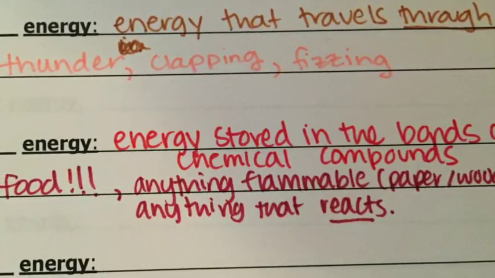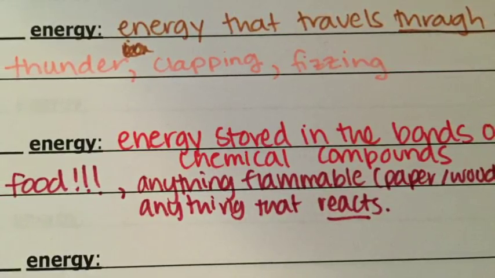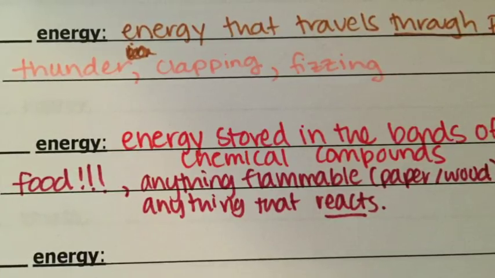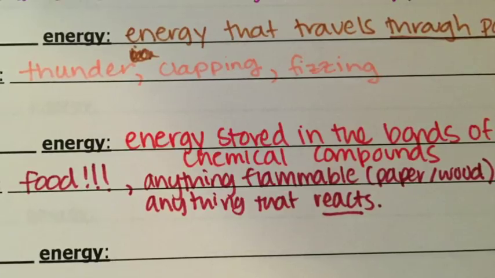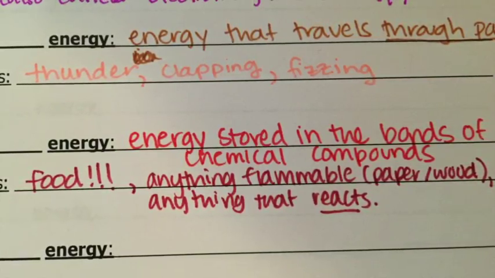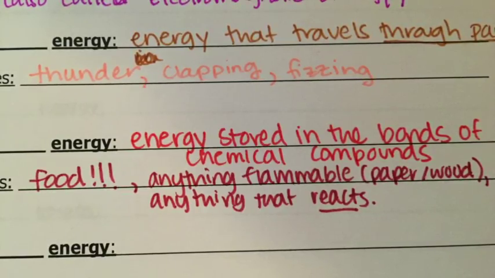All food has energy stored inside of it, that when we eat food, we process that as a chemical reaction inside of our body, and we can use that energy to move and exercise and do things. Also, anything that's flammable has that energy in the chemical compounds, and when we light it on fire, we're breaking those compounds and using the energy.